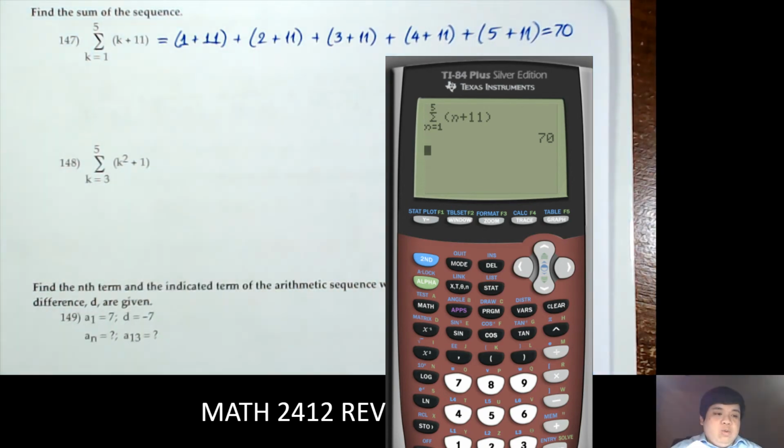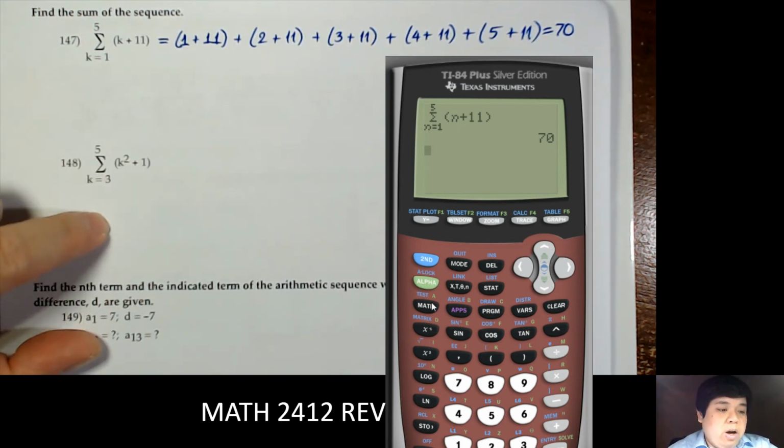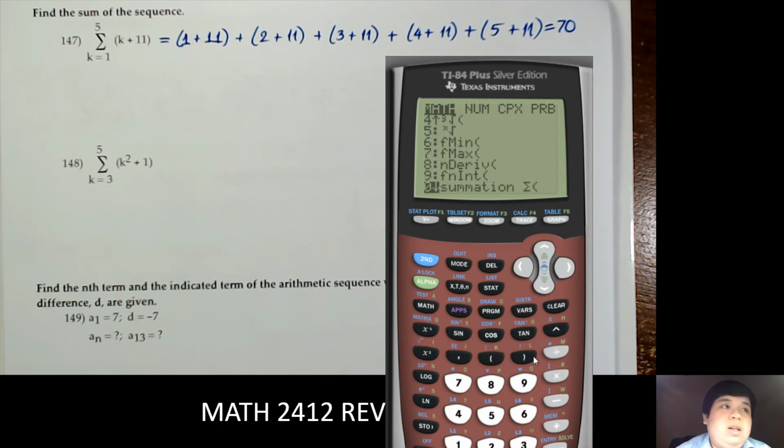Right. The next one is the same thing. Just going to put 3, 4, and then 5, and that's it. Or we just use the calculator. Again, math, option 0, I think, summation.